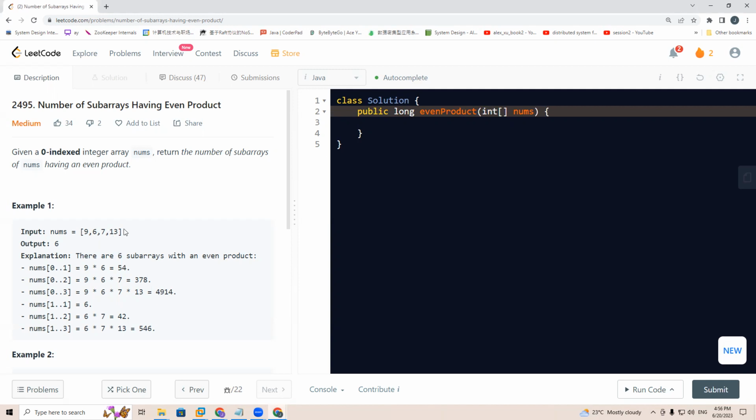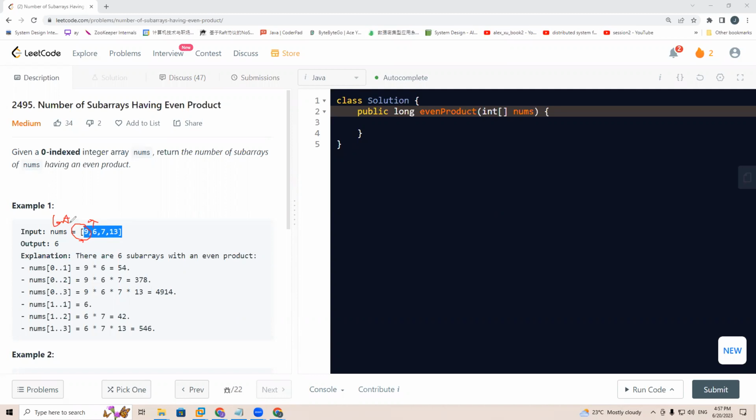So what we think about is that we have the length of nums, n. So the total number of subarrays is n multiplied by n plus 1 divided by 2. And then we try to look at this array one by one, right? So if we find an even number, then we can see the last even number, what's the index of it, right?